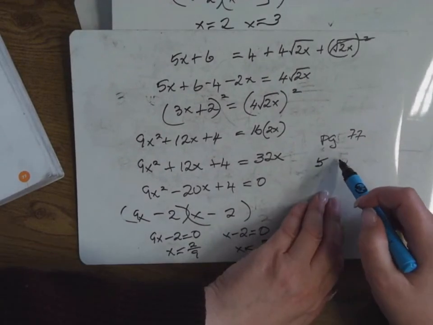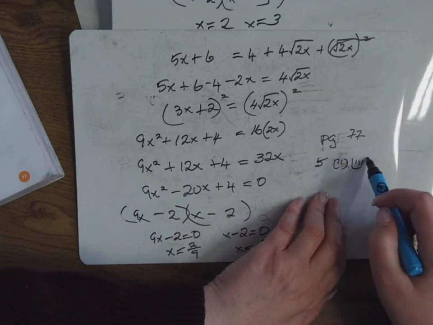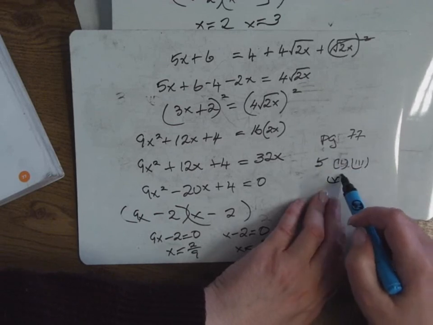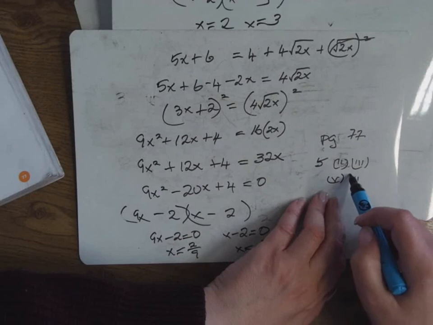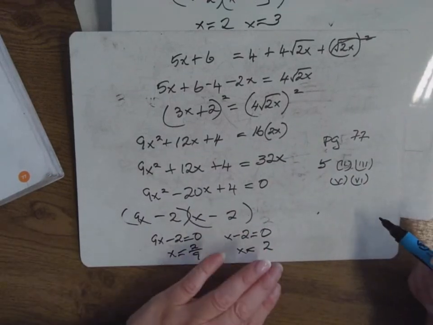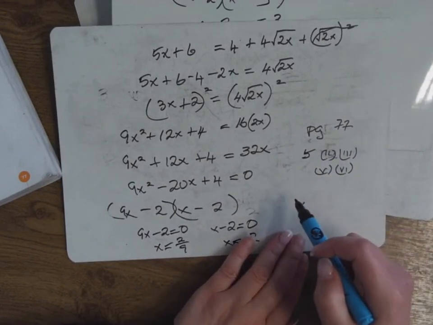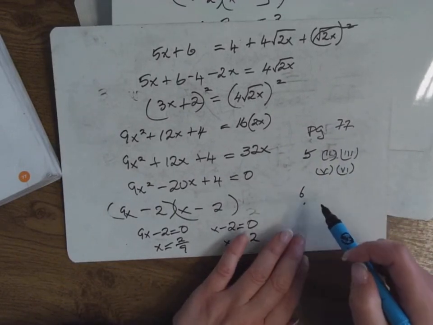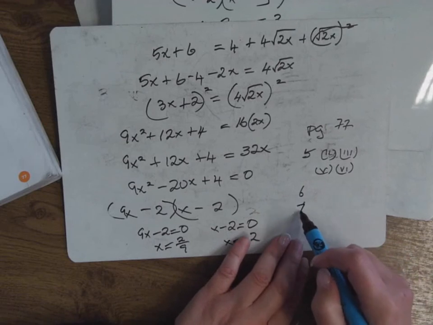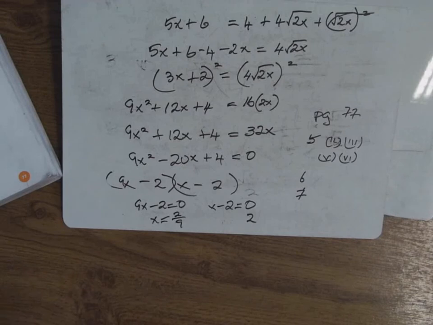So for question 5, let's do parts 2, 3, 5 and 6, because I've done 2 of them as the examples there. So I've done part 1 and part 4. Okay, so parts 2, 3, 5 and 6, and let's do all of question 6, and let's have a look at question 7 while we're at it. Okay, is that alright? And I'll put a picture up now.